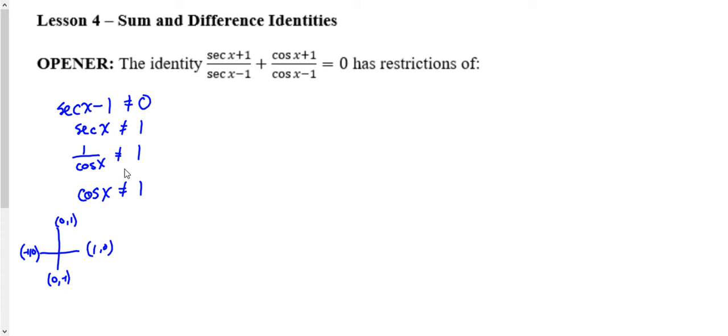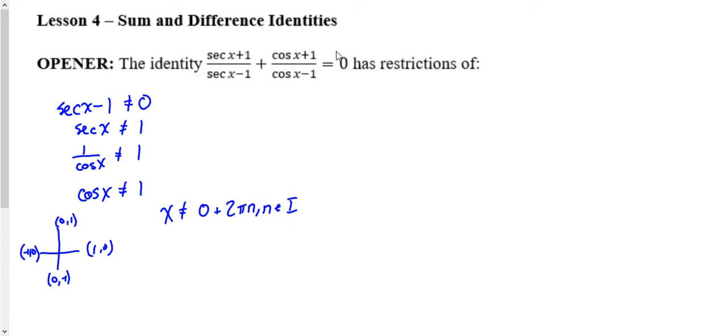The only position where cos x is equal to 1 is right here at 0 degrees. So right away we can say x cannot equal 0 degrees, and you want to have that every time. So plus 2 pi n, for n is an element of an integer, and so basically I wrote my restriction in terms of radians, and that's perfectly fine.